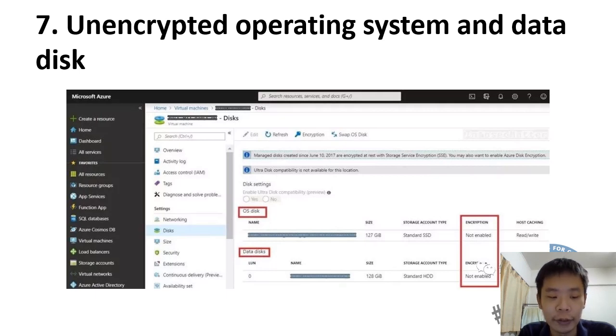In Windows environments, use BitLocker. In Linux environments, use dm-crypt. According to Azure documentation, this encryption should not affect performance or increase any cost. Therefore, there is no reason not to enable encryption for all of these. These include the operating system disk, data disk, and unattached disk.